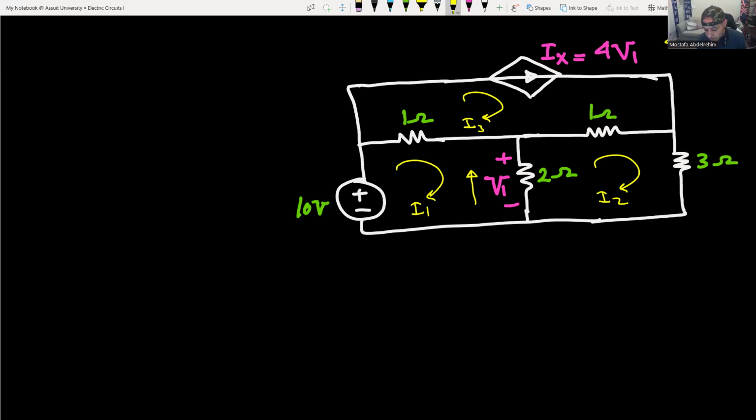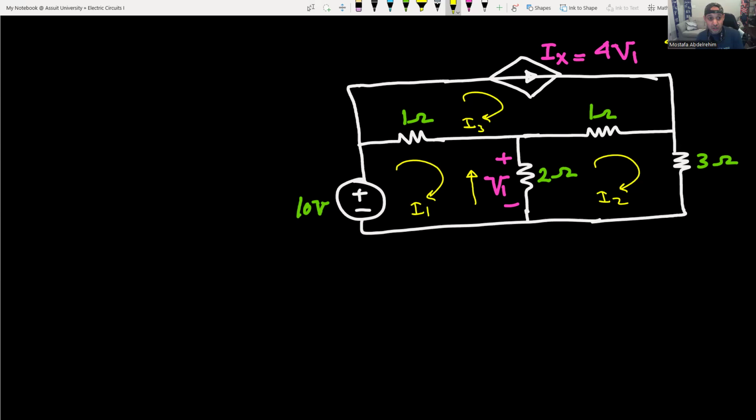Okay, good. So we have three meshes, so we should have three equations. And remember, the beauty of the presence of a current source is that it can give you one of the unknowns. Although it's indirect here because it's a dependent source, at least it will give you an equation.